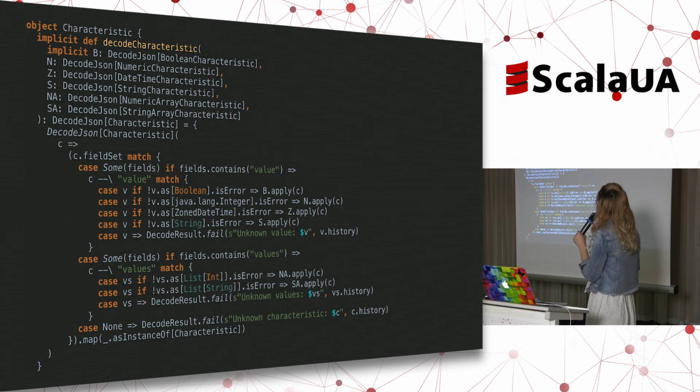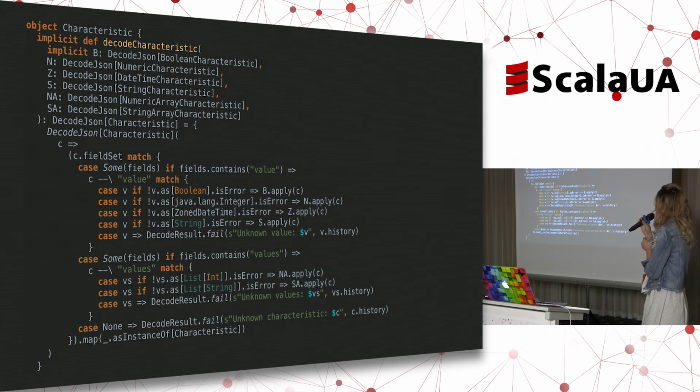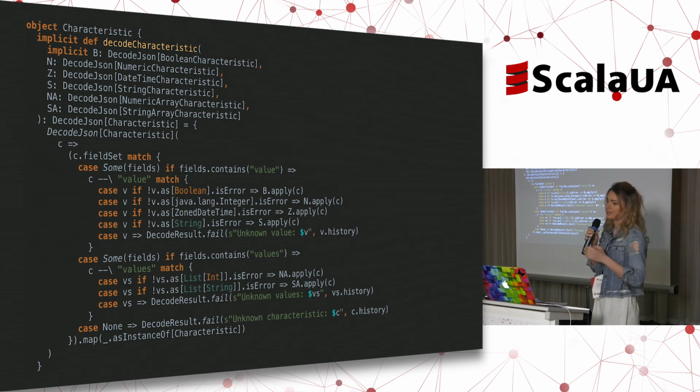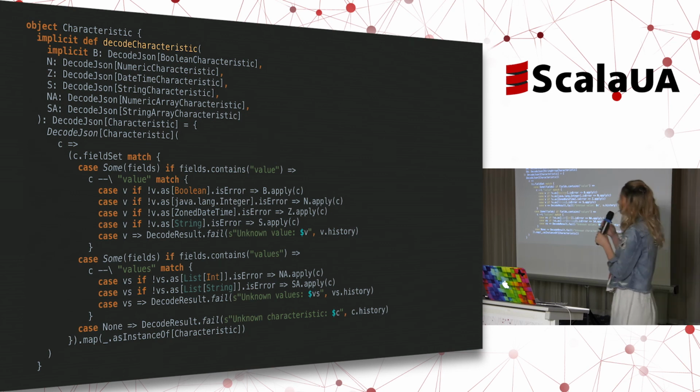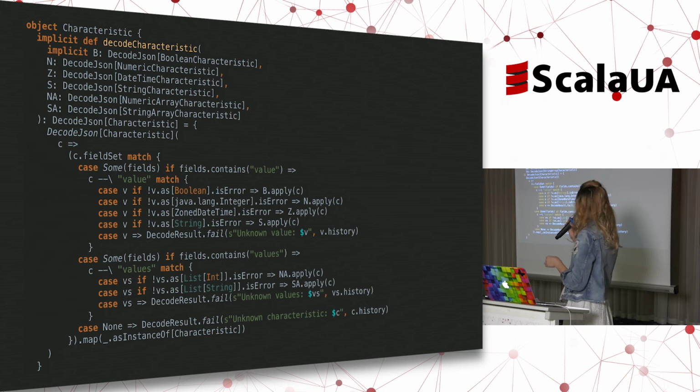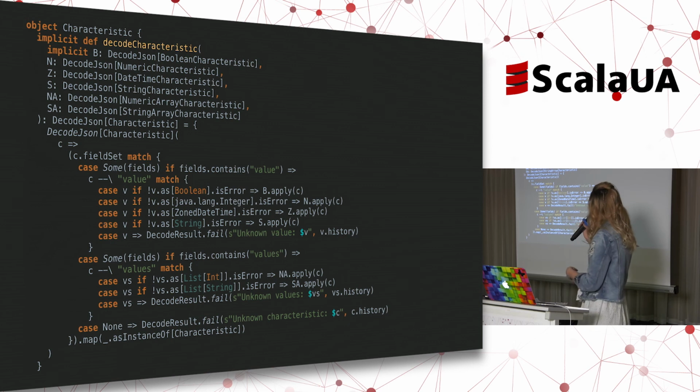And the problem was the same: while deserializing, some numeric array characteristics were decoded as string array characteristics. In this case, we were losing lots of information because apart from this value, you had lots more. And this was a real problem. We didn't even know about it till we ran the tests, and it was already in production. Fortunately, nothing bad happened, but still.